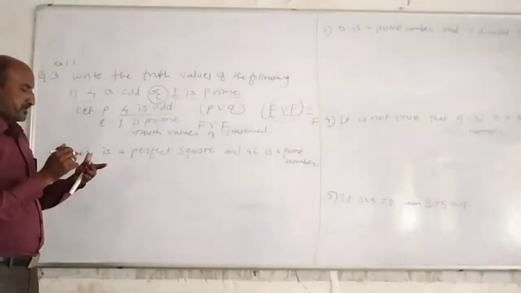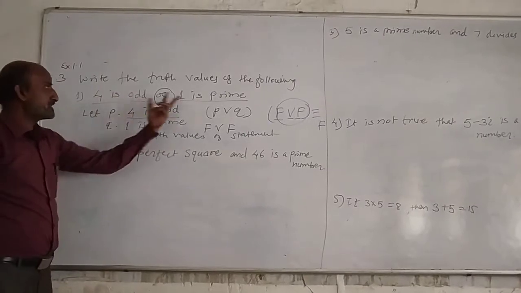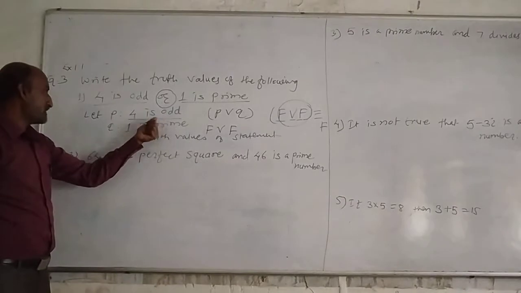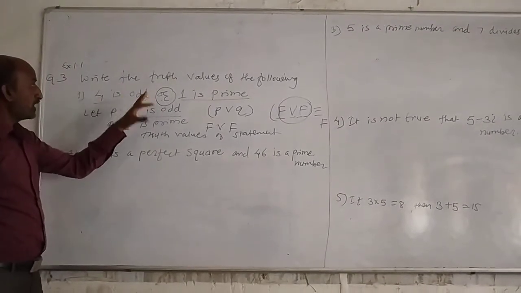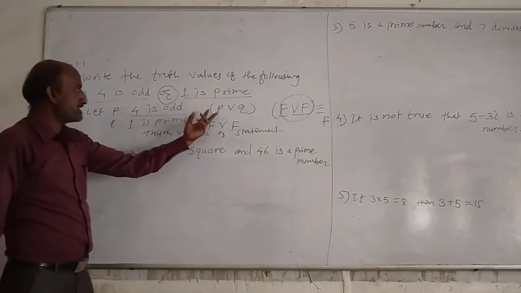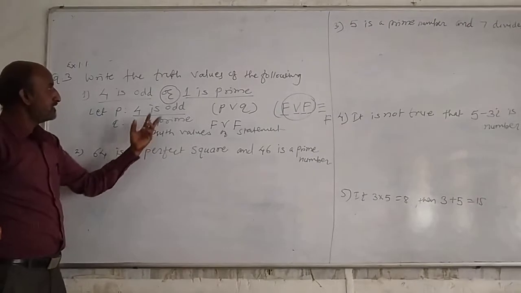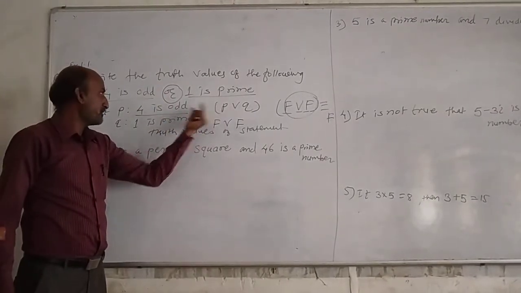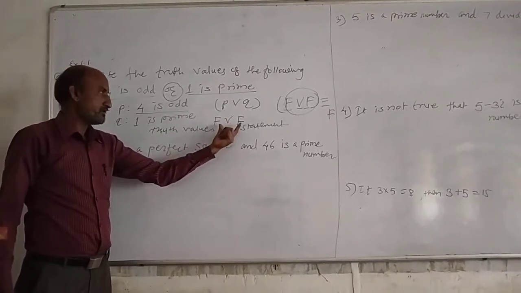Getting it? See, what is the basic concept? Two statements are there. Let P be the first statement, Q the second statement. Then the symbolic form of these two statements is P or Q. Third part: what are the truth values? First statement P is false, second statement Q is also false.